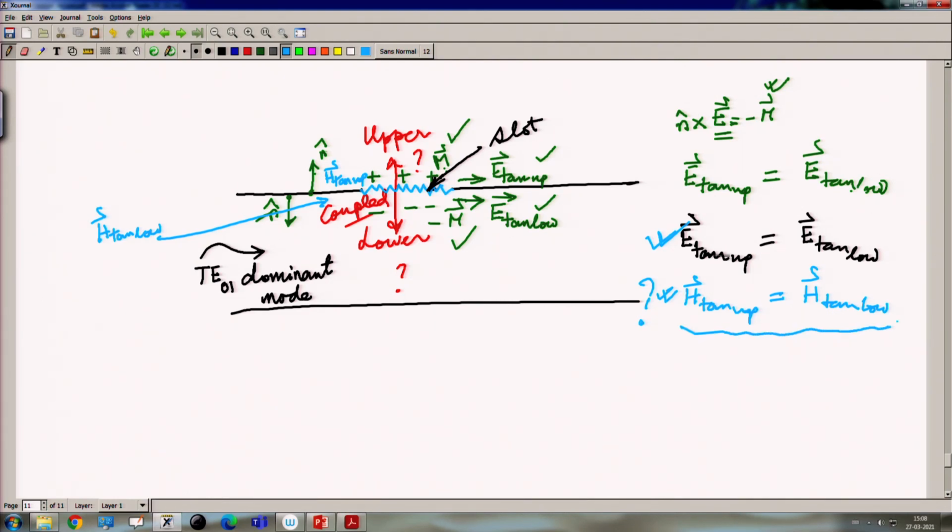So, this is called construction of an equivalent problem. By constructing this equivalent problem, we have closed this gap or slot by a conductor and decoupled the upper problem and the lower problem.